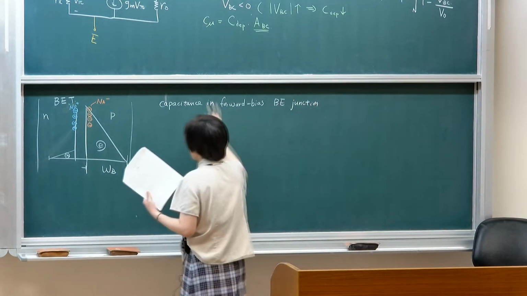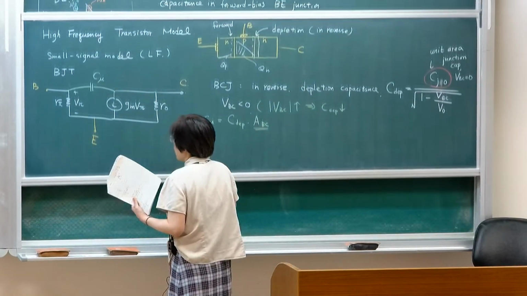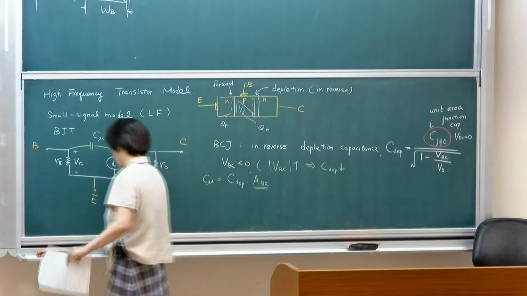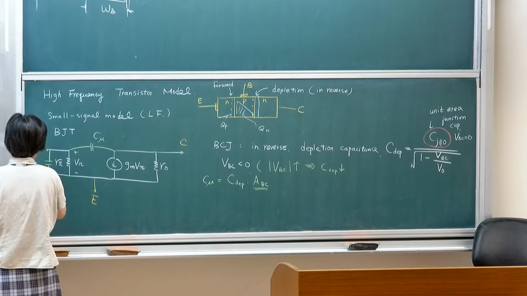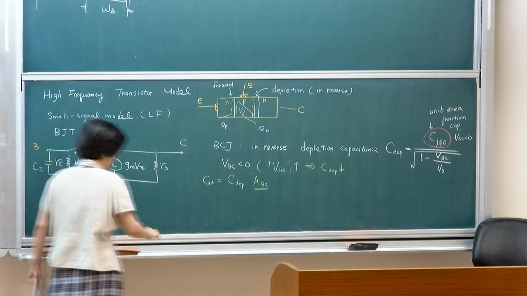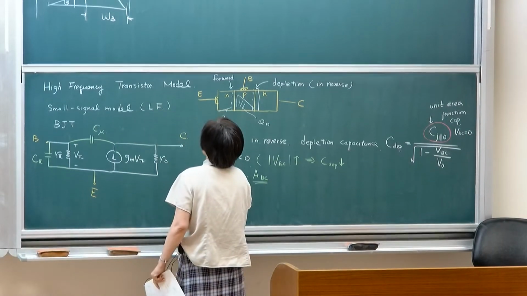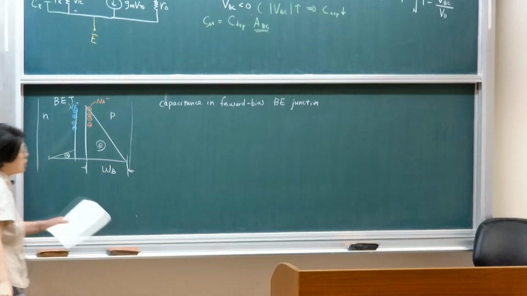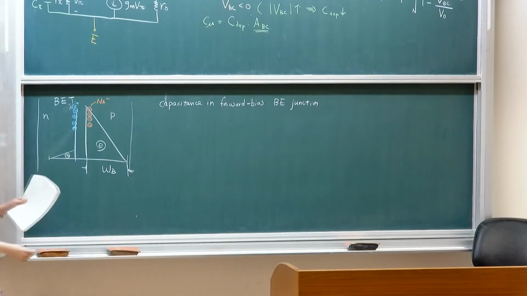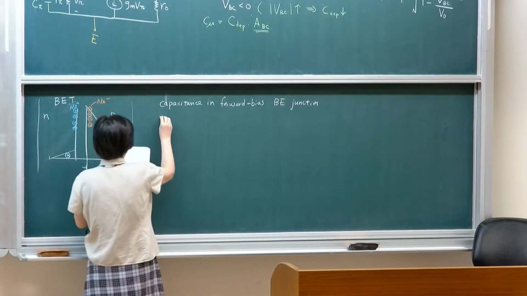We're going to call it C pi, to be parallel with R pi. So there will be a capacitance between the two. This will be C pi. Okay, so C pi will be constructed with two components.